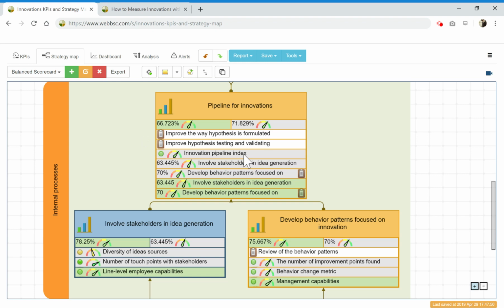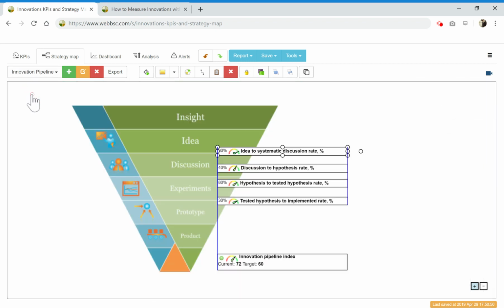So this index is something that you build exclusively for your organization. But as I mentioned before, you have several standard options. One is to use the conversion rates, probably with different weights, so that you know that moving from this to this, where you need to work, where the highest weight is.